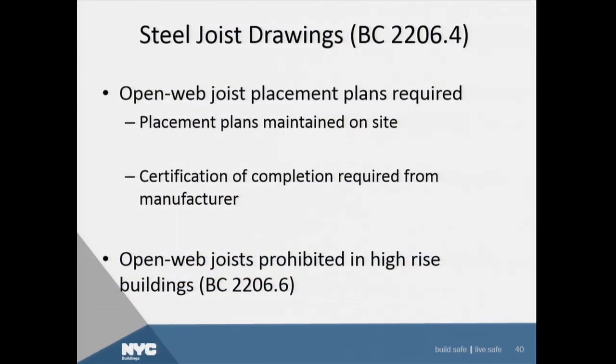There are some requirements in the plans themselves for steel joist drawings that are expanded steel joist placement plans as far as which joists are being placed where, how they're to be placed, and that they have to be signed and sealed. And again, another friendly reminder from the OA code, and in some cases from Local Law 26 of 04, that open web steel joists are prohibited in high-rise buildings.